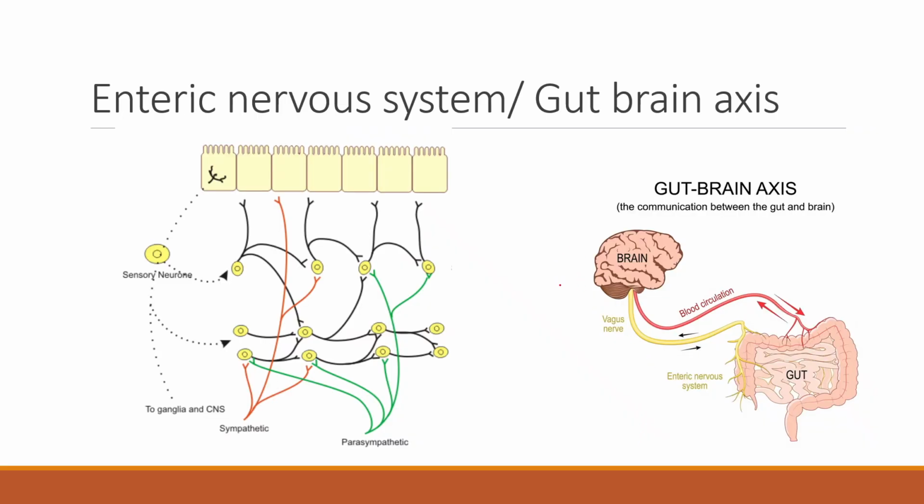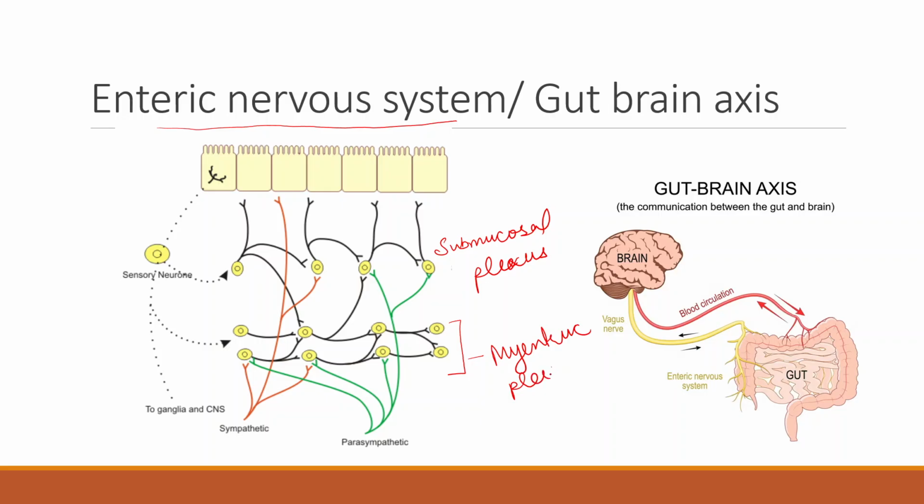One more important thing when we talk about GIT, we can't skip is the enteric nervous system. Okay, we have touched upon this that this is the mucosal layer. Then below the mucosal layer, there is the submucosal plexus, or network of nerve endings. And between two muscle layers, this is the myenteric plexus, right?